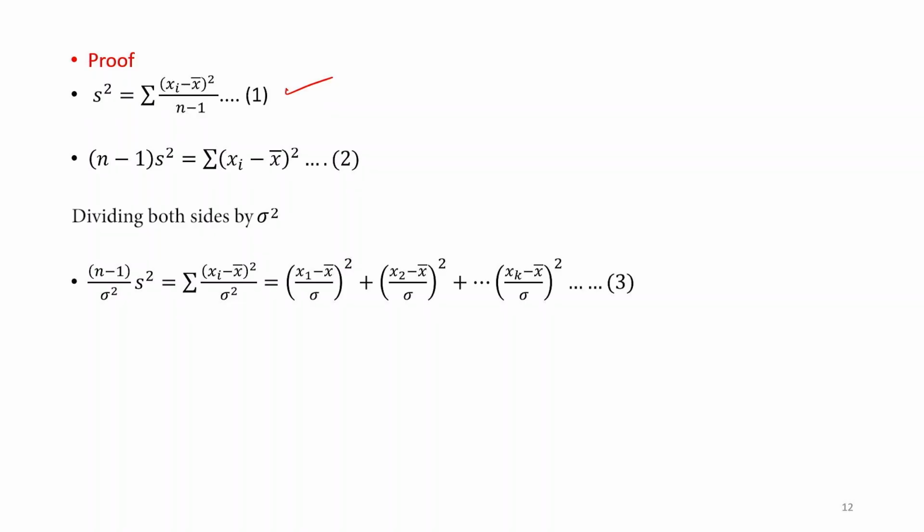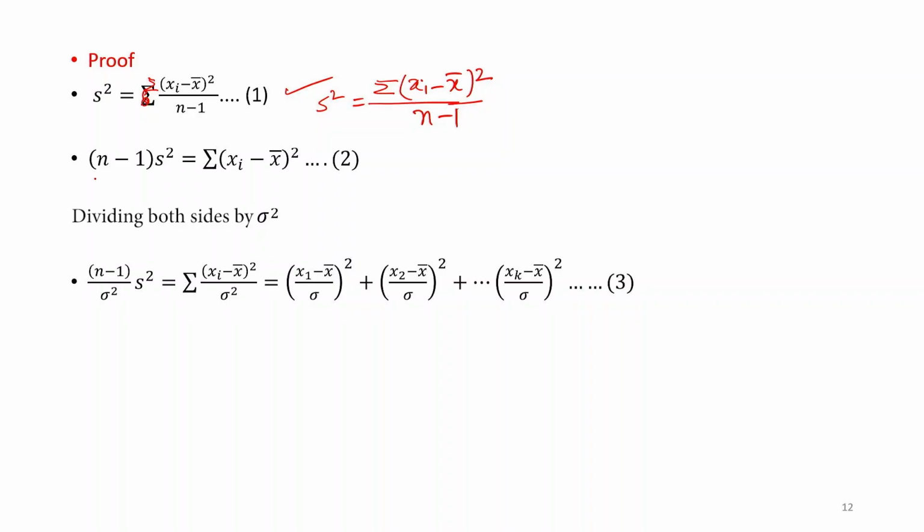S squared is the summation of (xi minus x bar) whole squared divided by n minus 1. That is what s squared is.